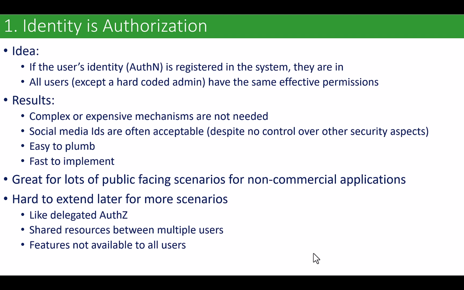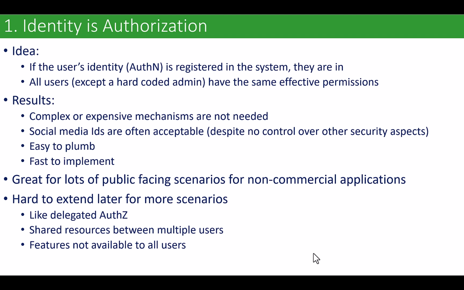The other thing with identity as authorization is it tends to favor systems that allow social media IDs, because in those sorts of systems, there isn't a differential permission scheme to exploit to get elevation of privilege, which is one of the STRIDE attacks. Even if somebody impersonates somebody else successfully, the damage they can do is probably fairly limited because there's no elevation of privilege.